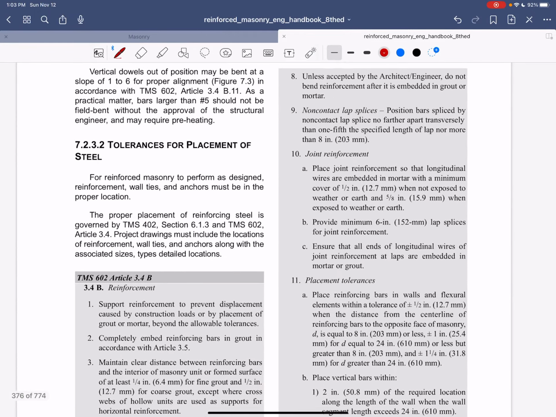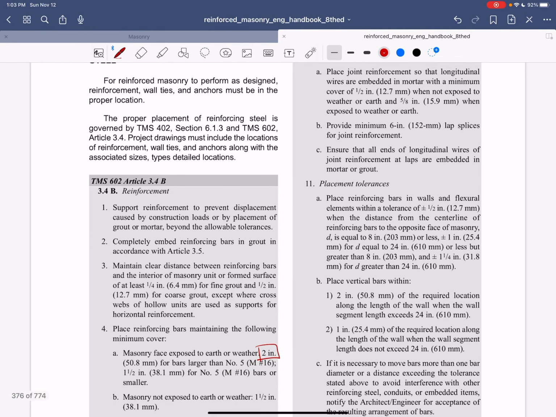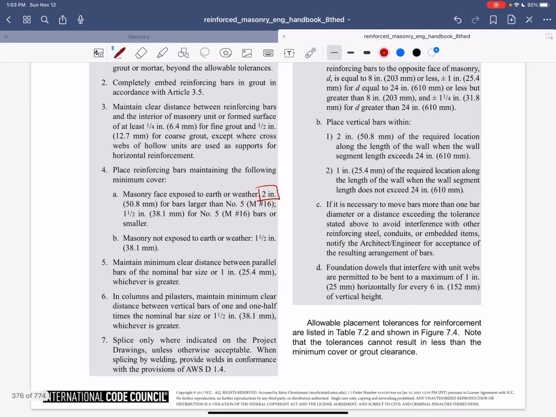Splice information. What else do I need here? Here's some of my placement. They actually give you a lot of flexibility in placement, within a tolerance of 1/2 inch.